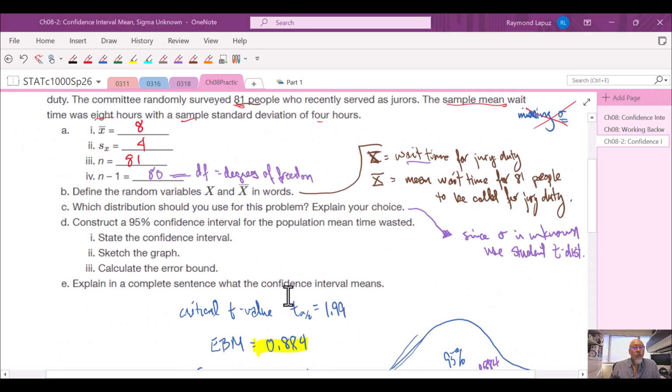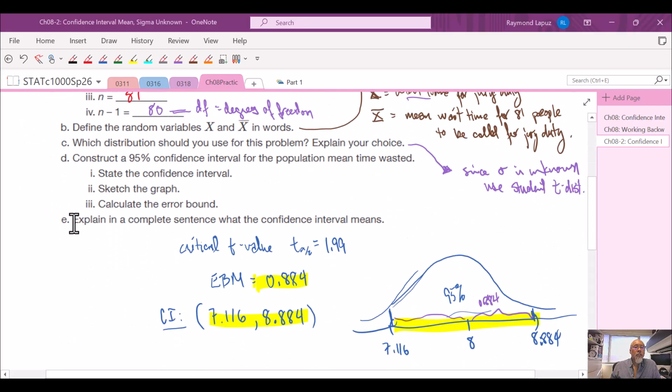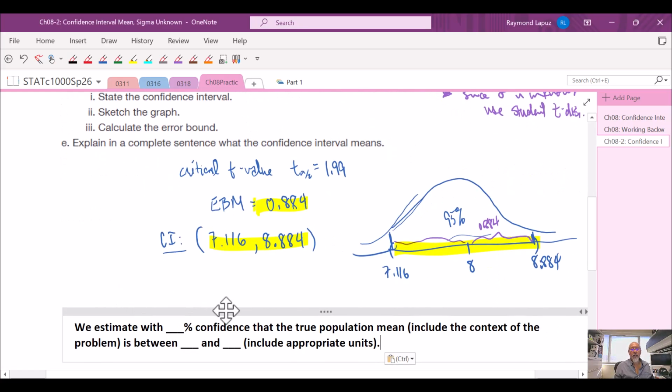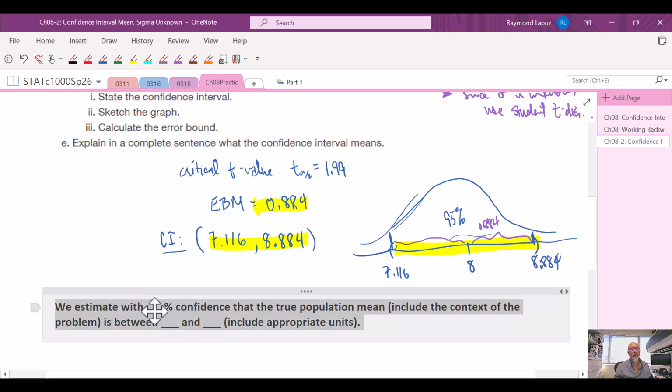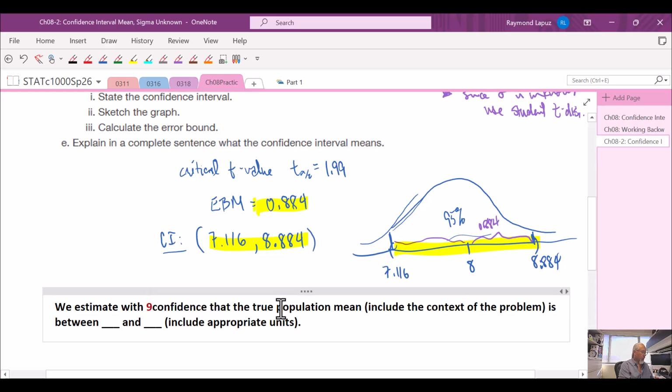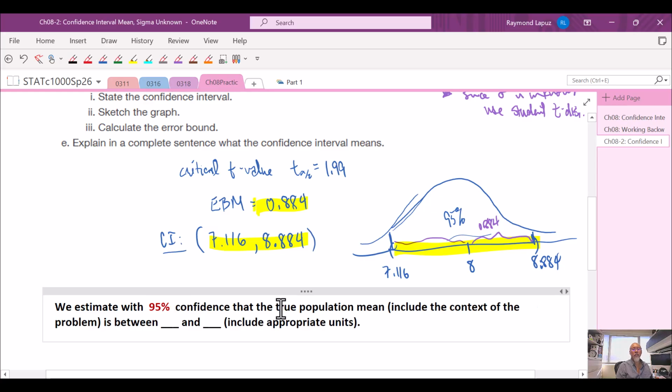Now for our last part of the question, it says, explain in complete sentence what the confidence interval means. So let's get this down here. And then this is our template. And let's fill it in with whatever it is we need to fill it in with. So we are 95% confident, so that's the first thing we need to do, that the true population mean.